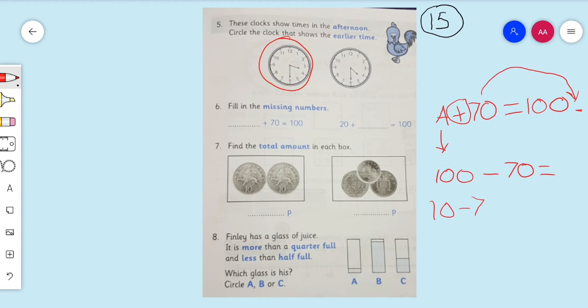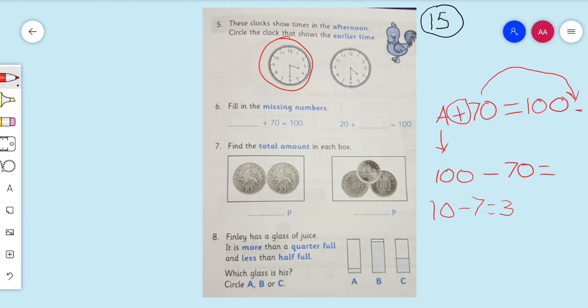We need to take out 7 fingers first so we don't get confused. So 10 in our mind and count back. 9, 8, 7, 6, 5, 4, 3. So I have 3 left. So 10 take away 7 is 3.